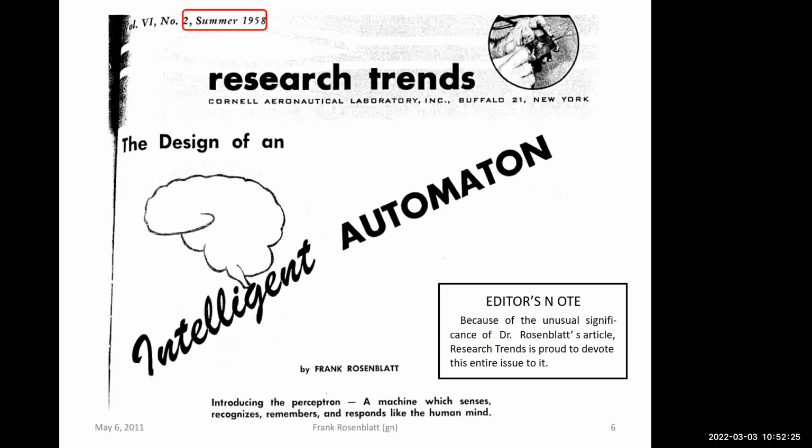He had a number of papers. But there's his really significant paper, The Design of an Intelligent Automaton. Now you've seen it. This is where he's introducing the concept of a perceptron, which even today is the building block of modern neural networks.